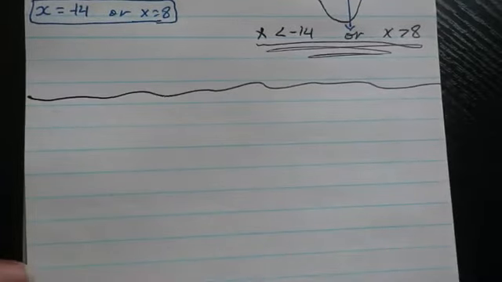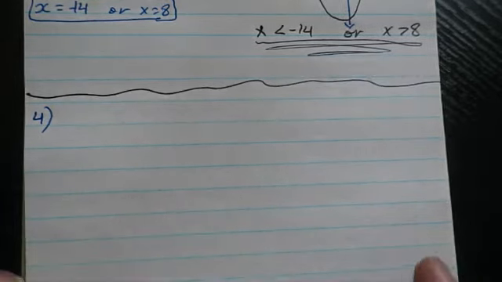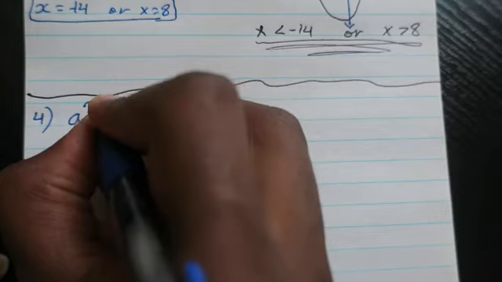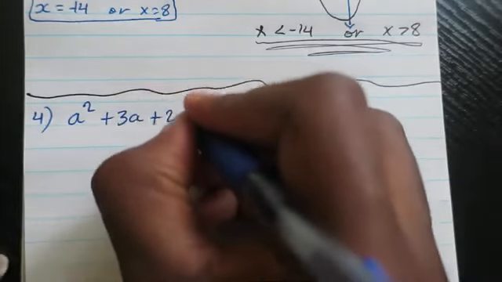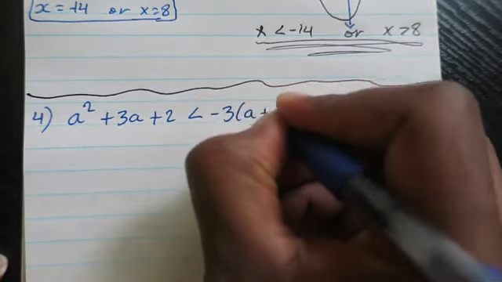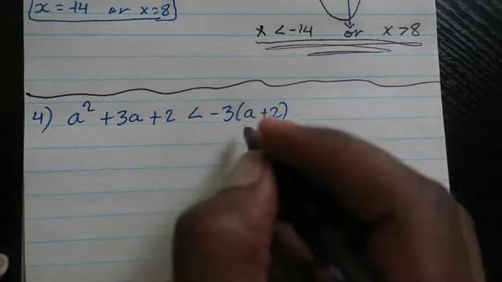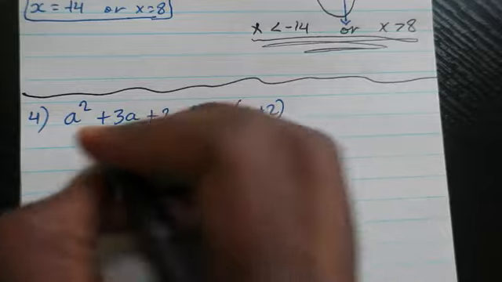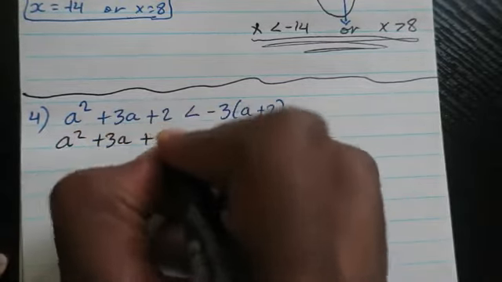Let's look at problem 4. a squared plus 3a plus 2 is less than -3 parentheses a plus 2. So distribute: -3a minus 6 is less than a squared plus 3a plus 2.